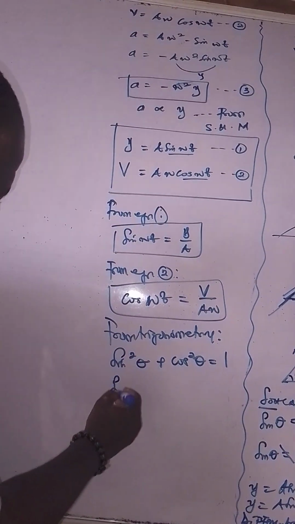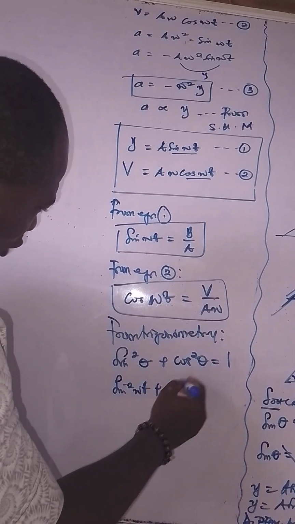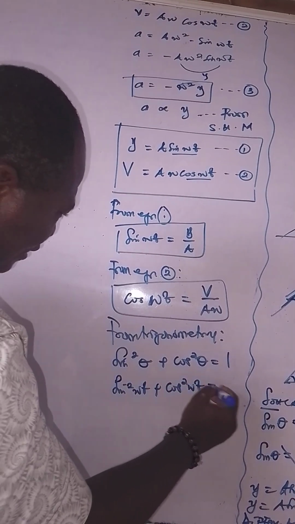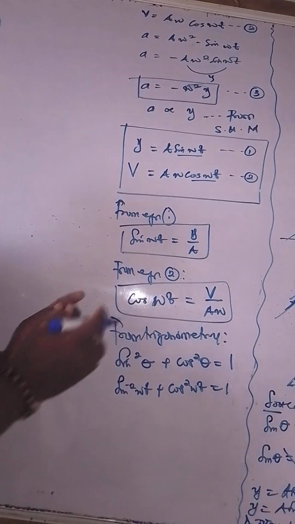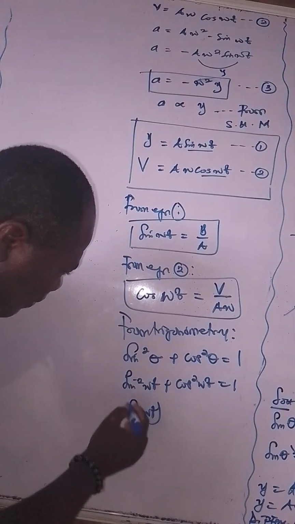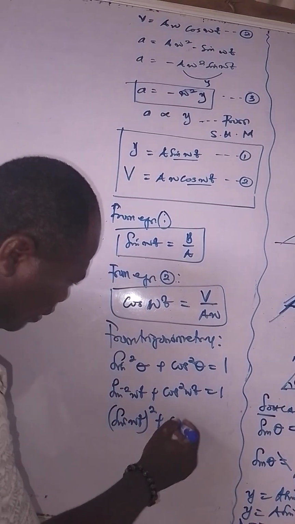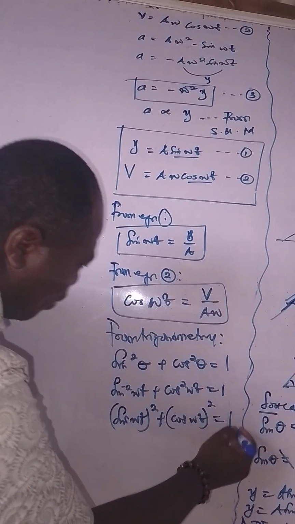Omega t. Sine squared omega t plus cos squared omega t is 1. Sine squared omega t means sine omega t all squared, plus cos omega t all squared equals 1.